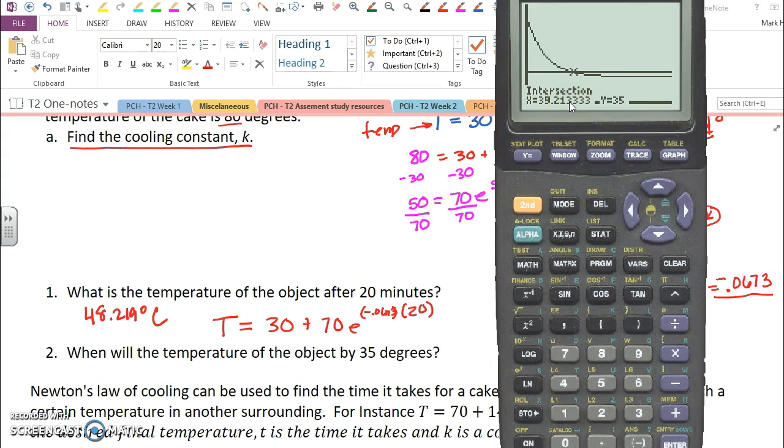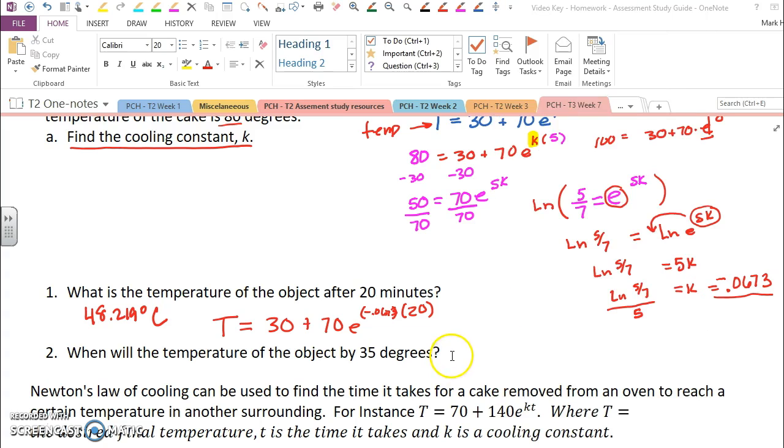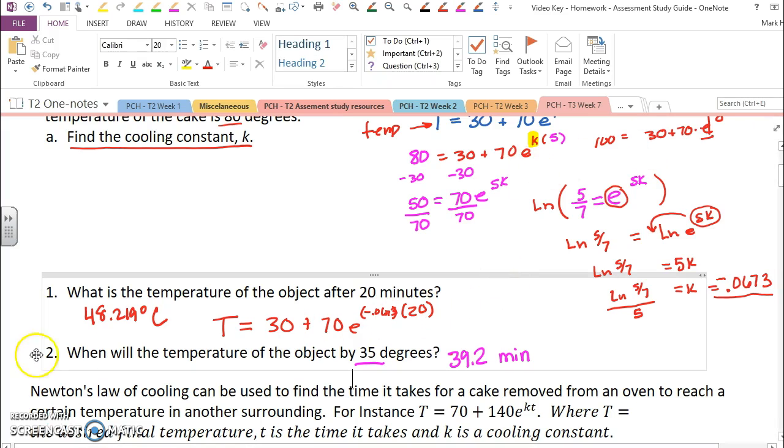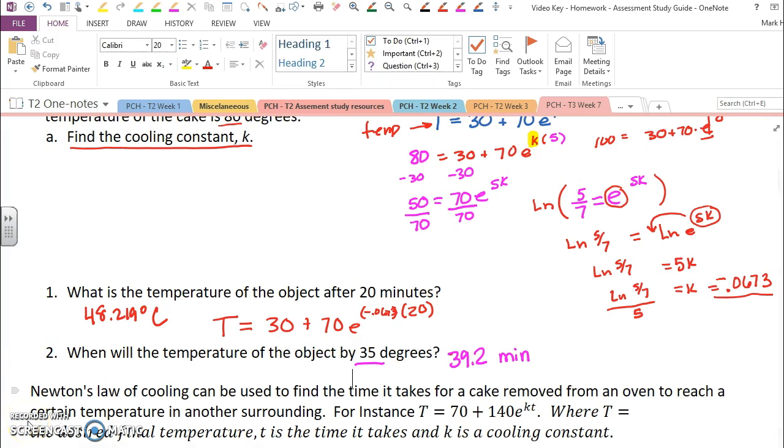Just round that to 39.2 minutes. That's when we'll be at 35 degrees. Now we could have done this all using algebra, but in this case the graphing calculator can work much faster since you've already set it up.